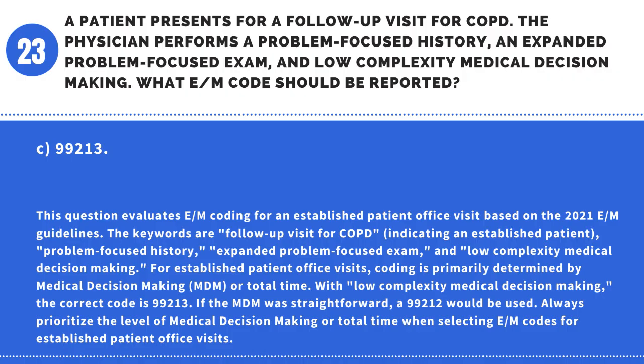For established patient office visits, coding is primarily determined by medical decision-making, MDM, or total time. With low-complexity medical decision-making, the correct code is 99213. If the MDM was straightforward, a 99212 would be used. Always prioritize the level of medical decision-making or total time when selecting E/M codes for established patient office visits.